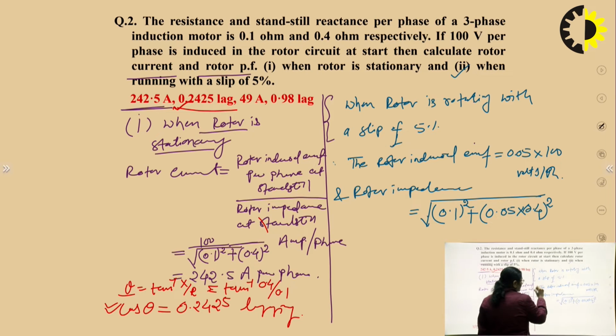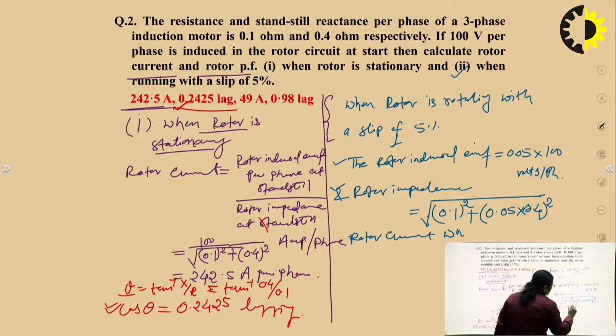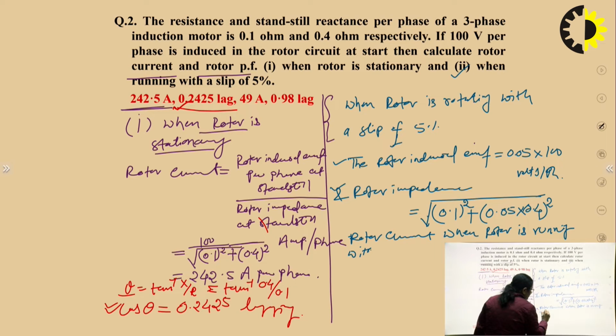So knowing these two values, I can very well calculate the rotor current when the motor is running with a slip of 5%.